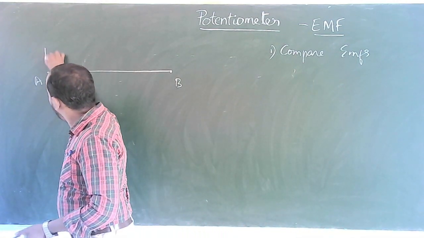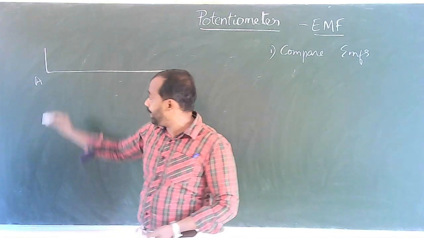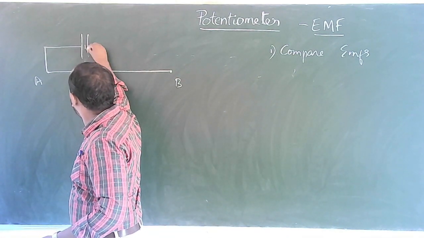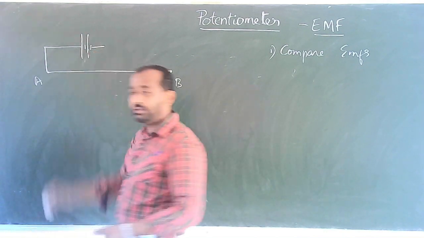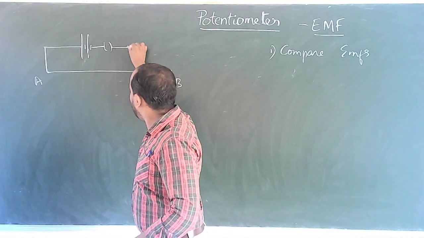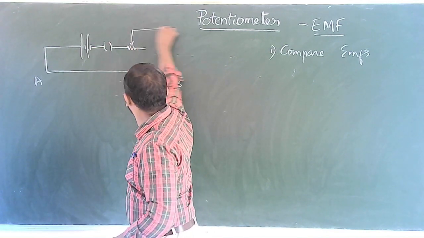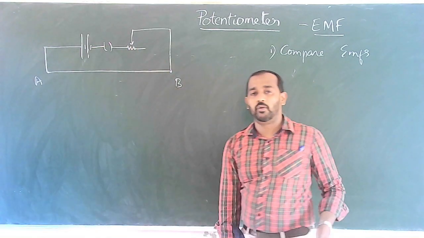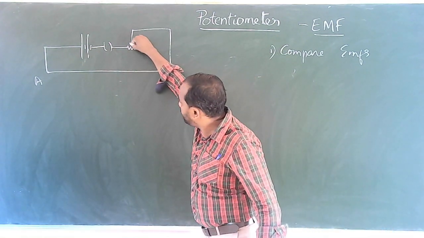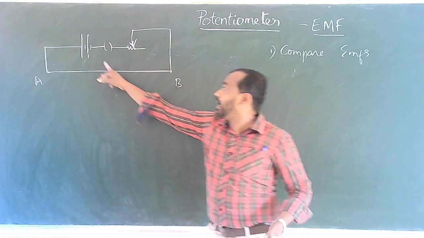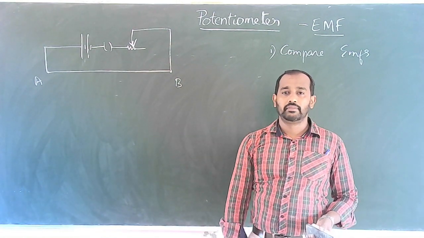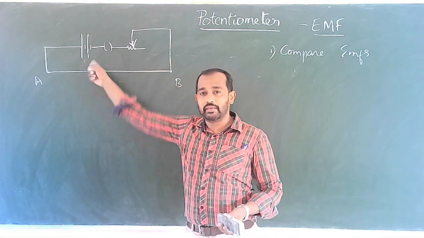The positive of the external battery is connected to the point A, and the negative, through the key and a rheostat, is connected to the point B. The rheostat is used so that we can vary the applied potential difference across the potentiometer. The desired value can be applied here.